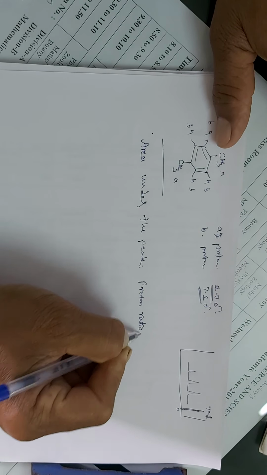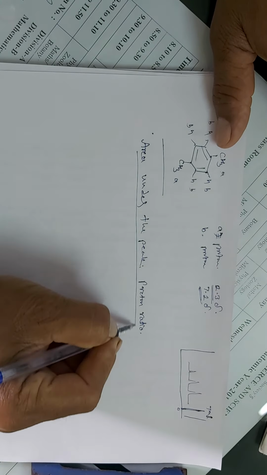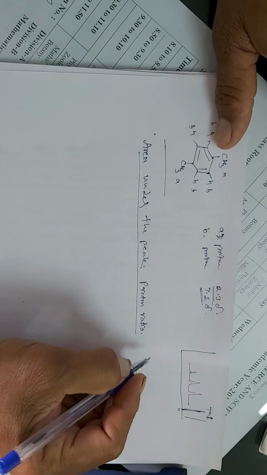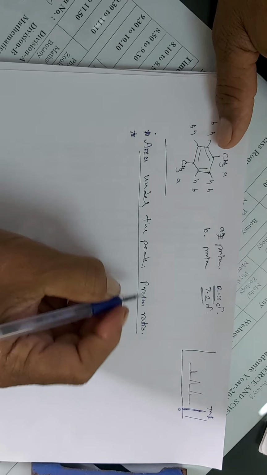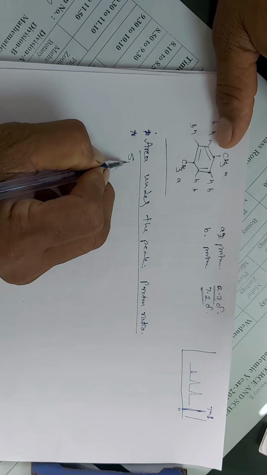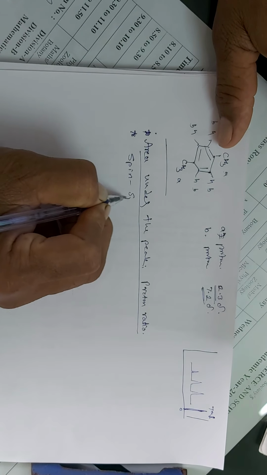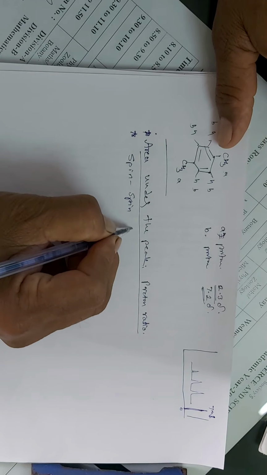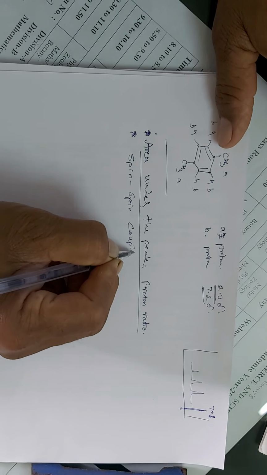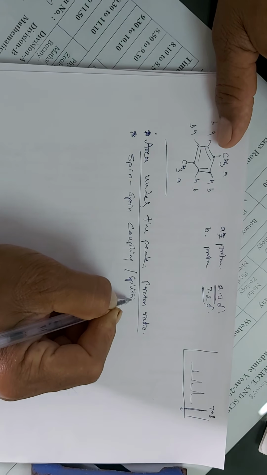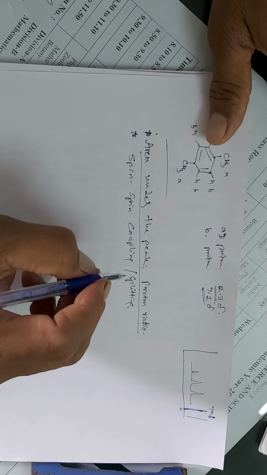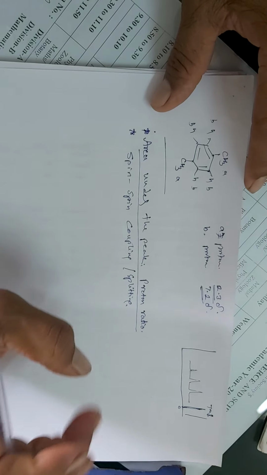We will continue with this point in the next lecture, and then go to the next point of this topic, that is spin coupling, also called spin splitting. What is this, we will see in the next lecture. We will continue with all these points in the next lecture.